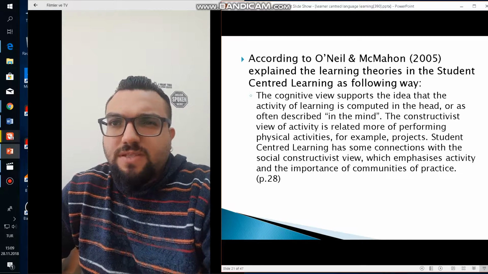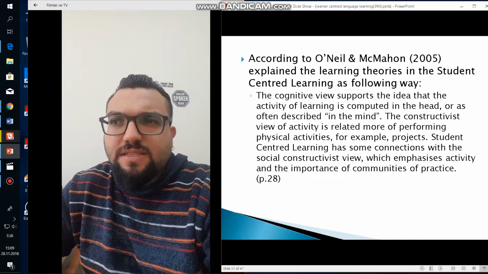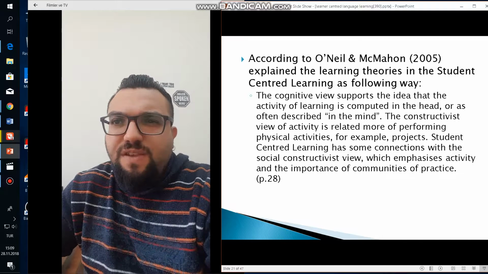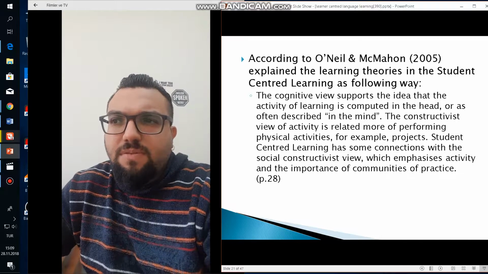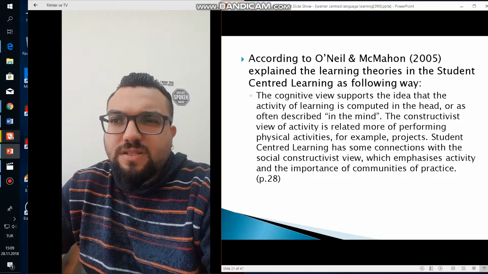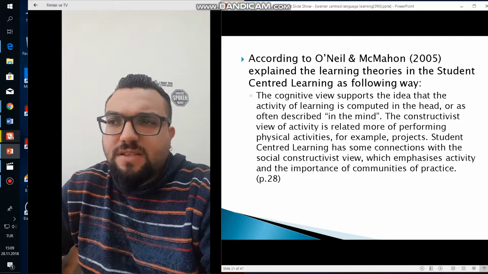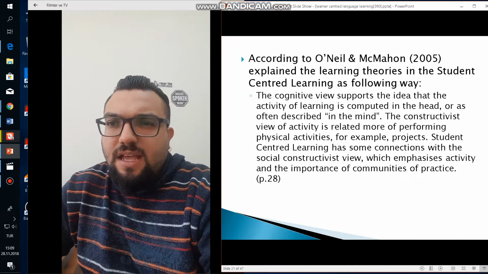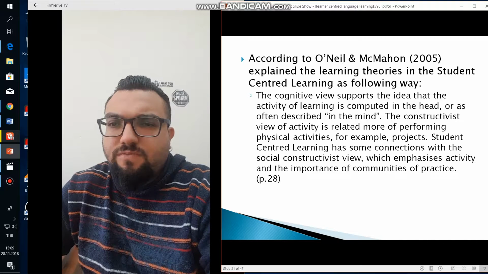The constructivist wave of activity is related more to performing physical activities, for example projects. Student-centered learning has some connections with the social constructivist wave, which emphasizes activity and the importance of communities of practice.